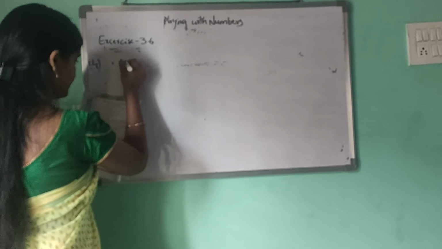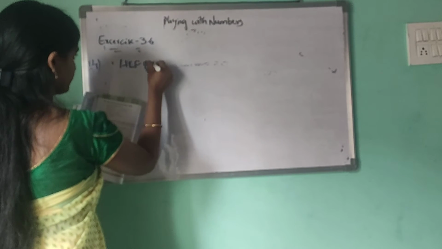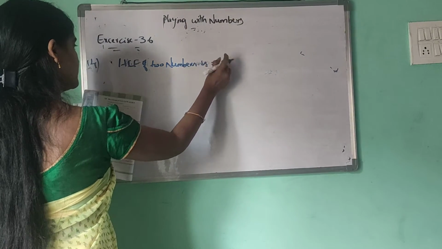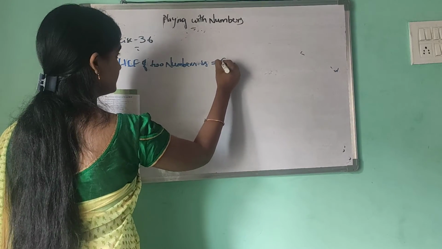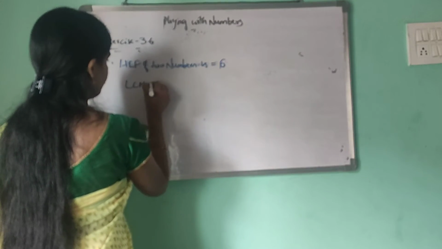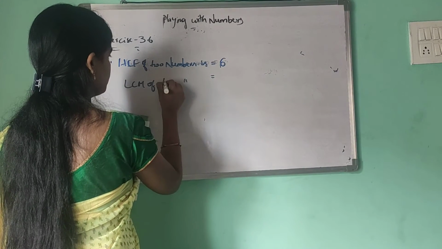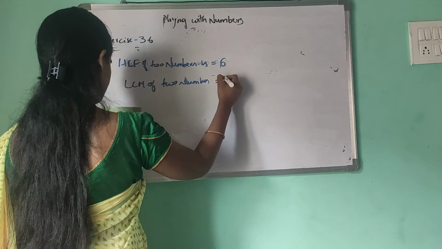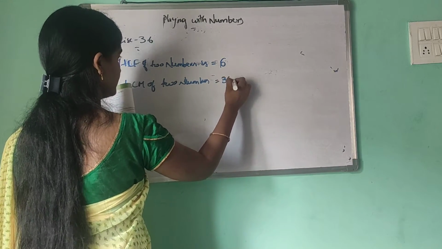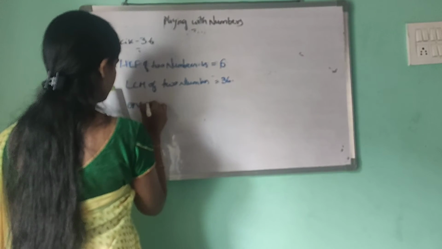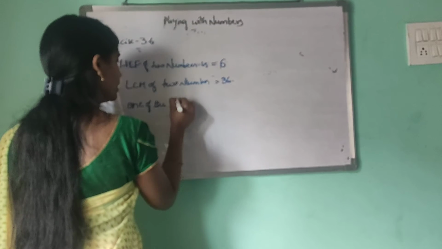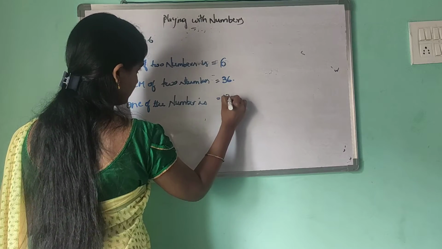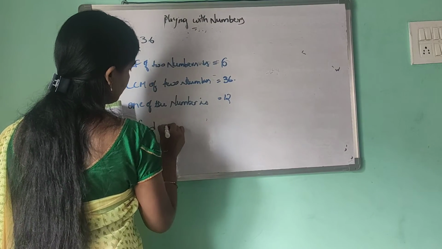The HCF of two numbers is 6. The LCM of two numbers is 36. One of the numbers is 12. We have to find the other number.